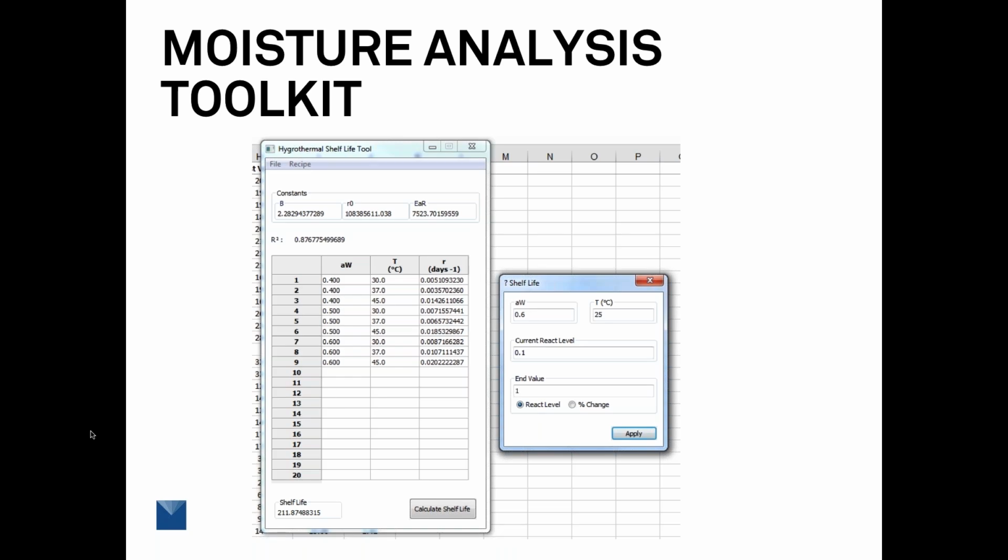You give it a set of conditions: water activity, temperature, and what its current reactant level is, which can be done in actual values or percent change. Hit apply, and it will tell you how much shelf life you have left. So for the T-bar example, at 0.6 water activity and 25 C, with the end value being a T-bar value of 1, we can predict 211 days of shelf life for that product under those given conditions.